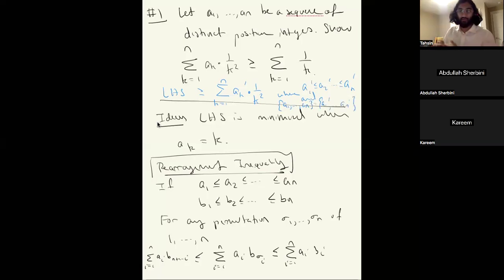So does it make sense what I wrote? a_k prime is the sequence a_k but ordered. And then certainly this one is greater than or equal to the right-hand side. So does it make sense?